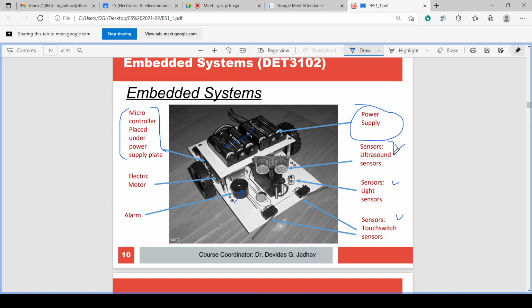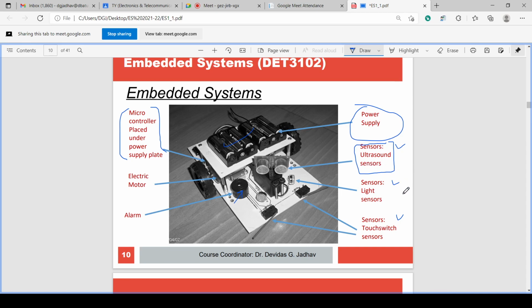So the sensor has ultrasound sensing capability. From where is the ultrasound coming? The ultrasound is sent by the sensor assembly itself. So there are two transducers. One sends the ultrasound and the second senses the reflected ultrasound.